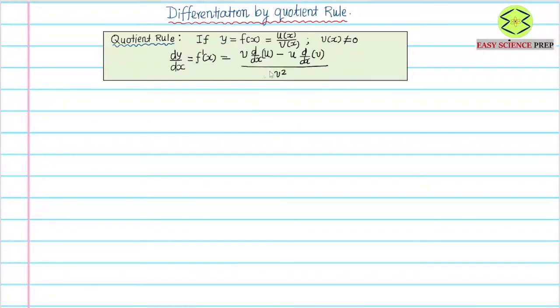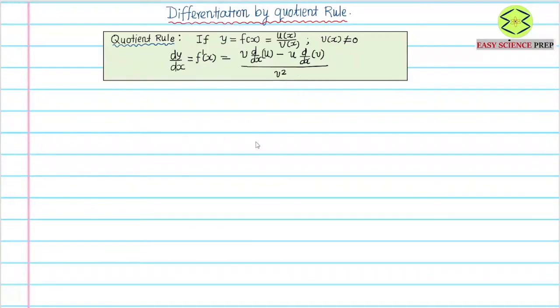So, if y is a ratio of two functions u and v, then the derivative is given by denominator times derivative of numerator, minus numerator times derivative of denominator, whole divided by denominator square. This we have already done in the previous session. So the quotient rule is this.